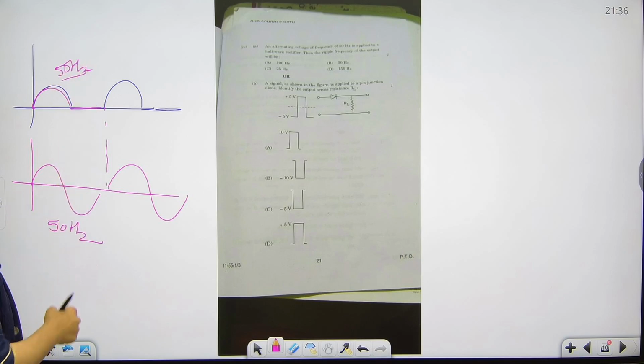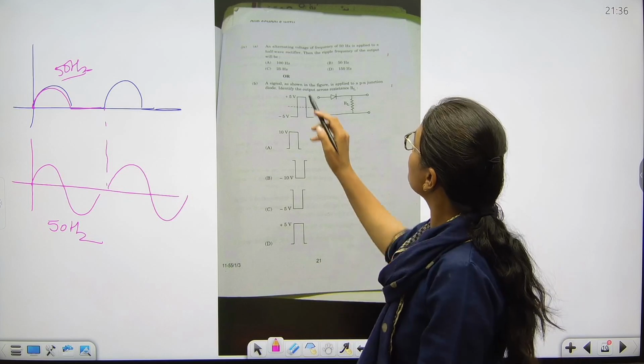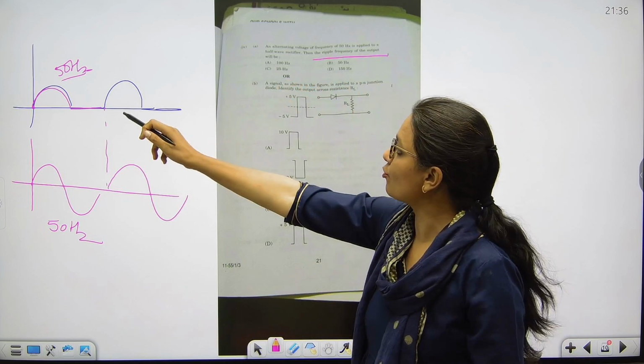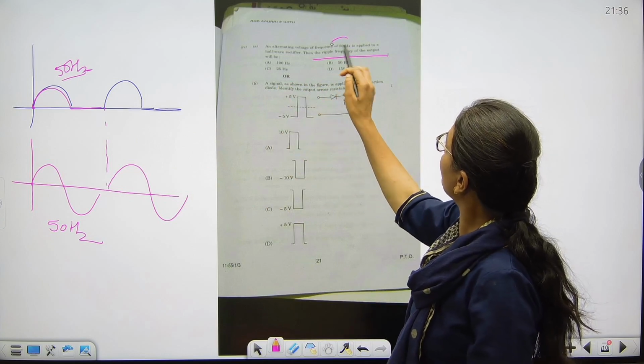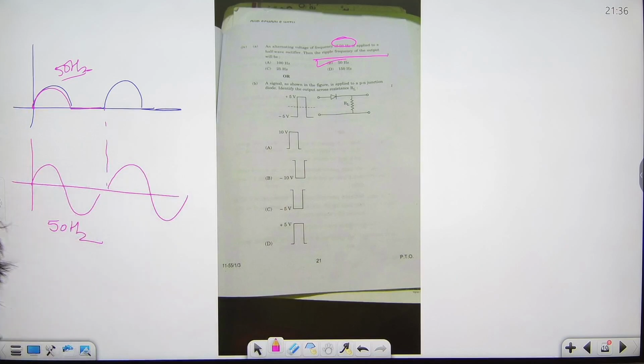Frequency will remain the same in half wave rectifier. In full wave rectifier, frequency will be doubled. So in the half wave rectifier, the ripple frequency of the output will be the same, 50 Hertz, B option. So just be careful while writing the answers.